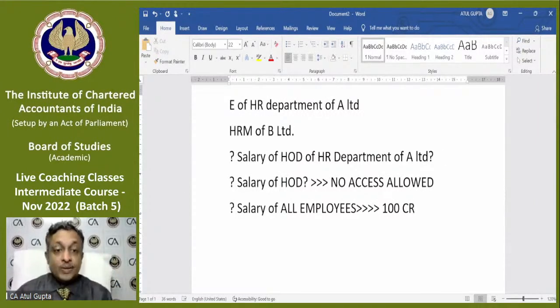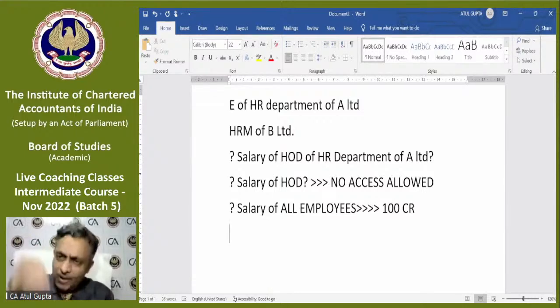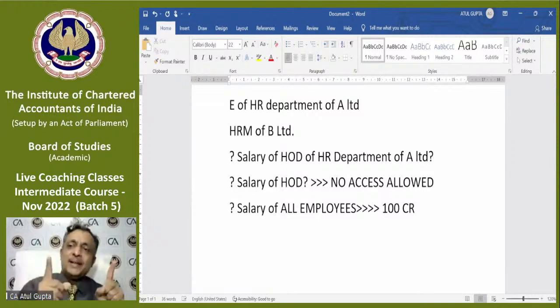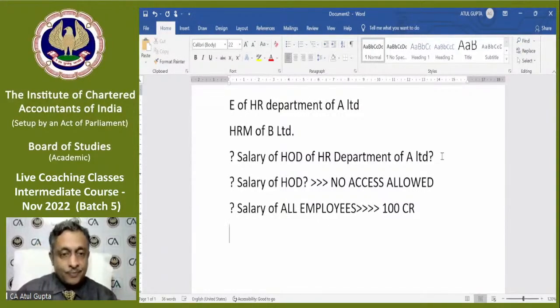Great. Now, this HOD of the HR department of A Limited is the only employee in the company whose age is more than 60 years. You know what I do?